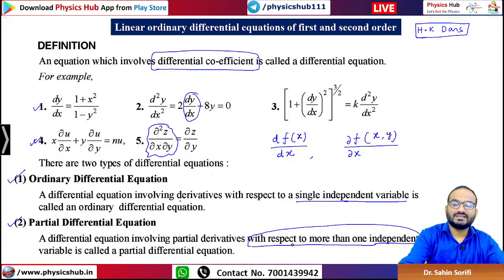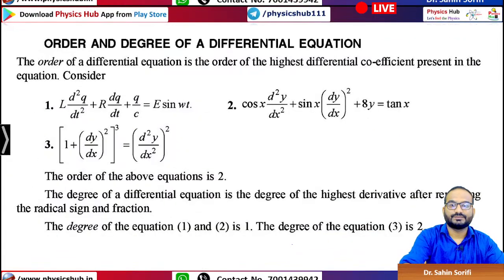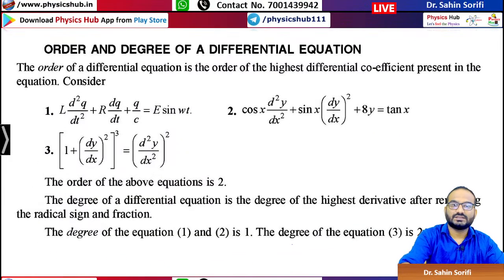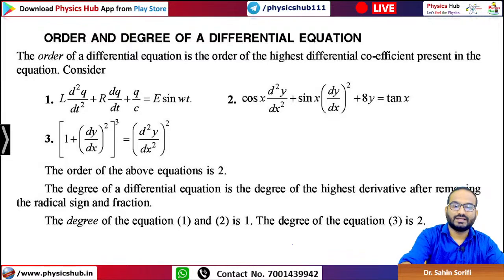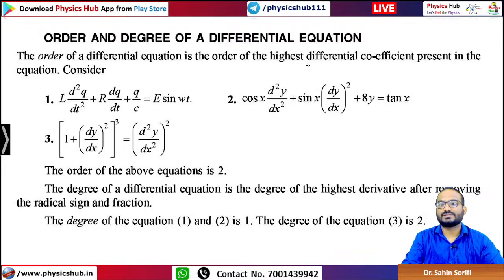Now what is a linear ordinary differential equation? Let's talk about that. Before that, let's understand what the order and degree of a differential equation are. I think you already know, but let's revisit them. The order of a differential equation is the order of the highest differential coefficient present in the equation.